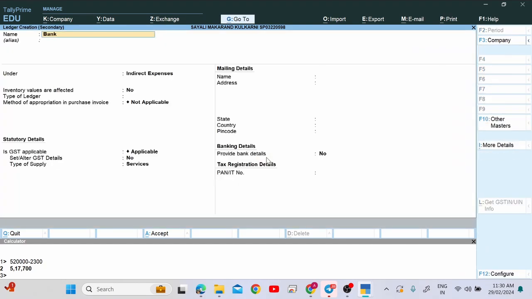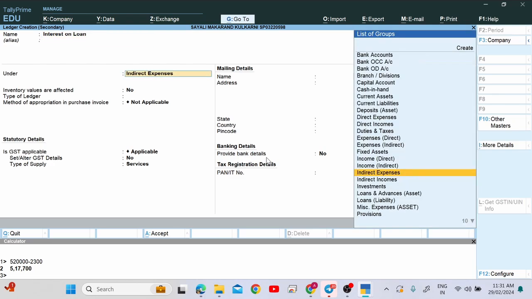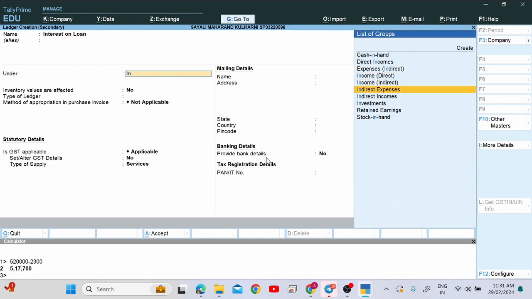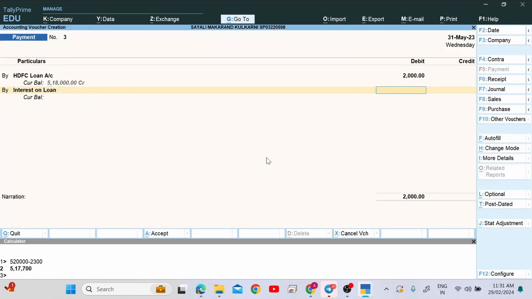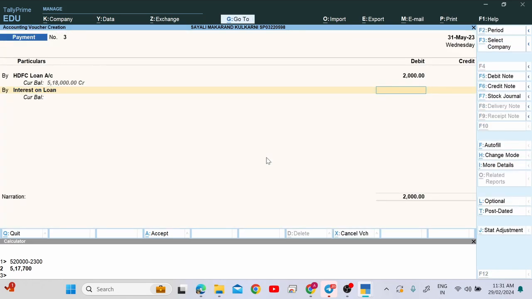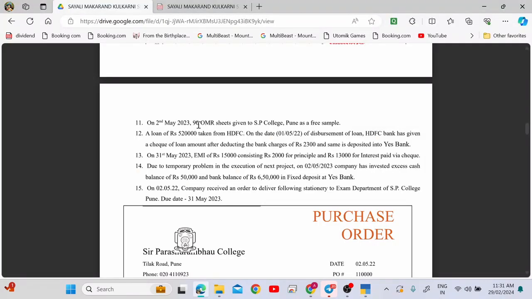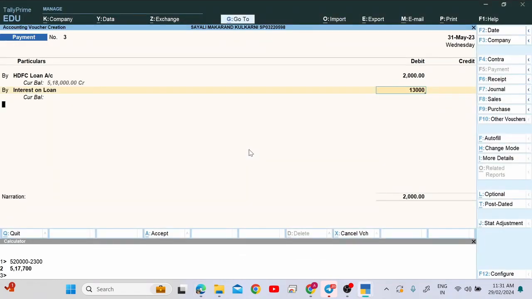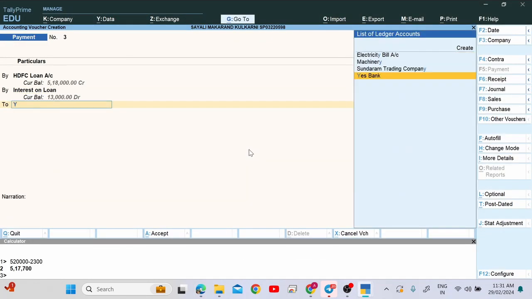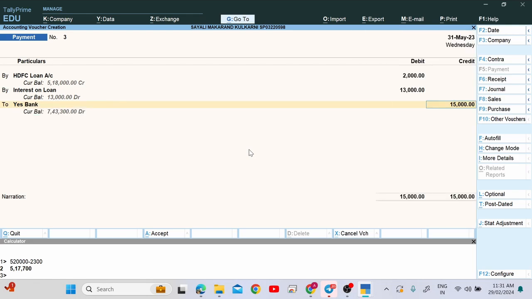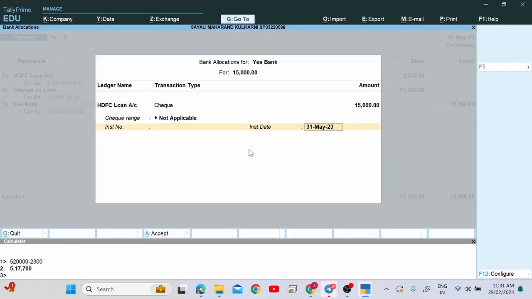Therefore create, don't say bank interest, interest on loan, under indirect expenses. We'll put this in the indirect expenses, enter, accept. And then how much, you can check again. In transaction we'll find 13,000 rupees, 13,000. And then you are giving the check of S bank, therefore S bank. Understood?